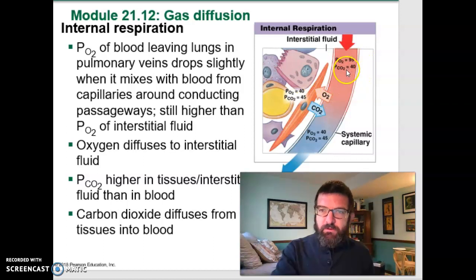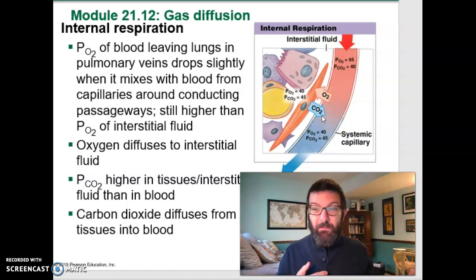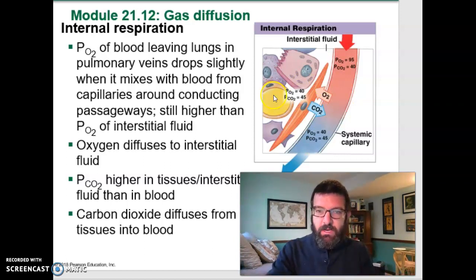And your partial pressure is about 40 in your blood, so CO2 is going to move this way. Now the partial pressure difference in oxygen is much bigger than the difference in CO2, which is going to make oxygen diffuse faster. But CO2 is better at dissolving in water than oxygen, and so that's going to make CO2 diffuse faster. So it sort of balances out.